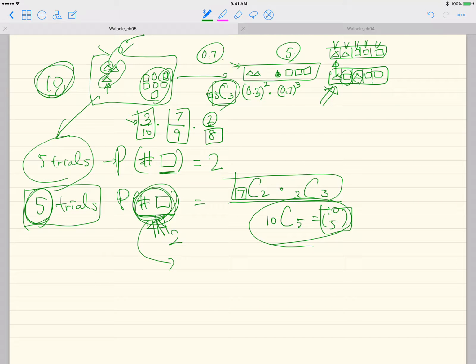Let's call this random variable C, for example, and consider all the possible unique values of this random variable. The meaning of it is the count of rectangles that we see out of 5 samples.